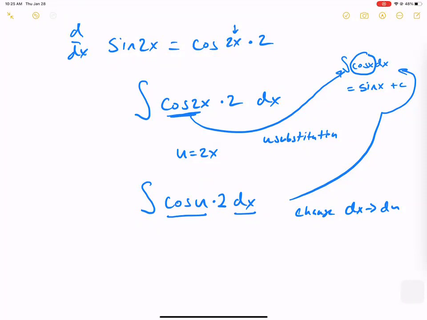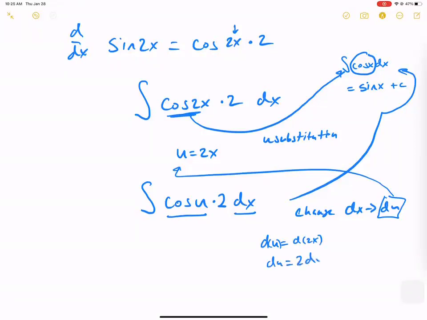The dx is the derivative of x. So how do I get du? I need to take the derivative of u. And lucky for us, we have a u. So let's go ahead and take the derivative of u. I take the derivative of both sides. So the derivative of u is du, and the derivative of 2x is 2 dx, because 2 is a constant.